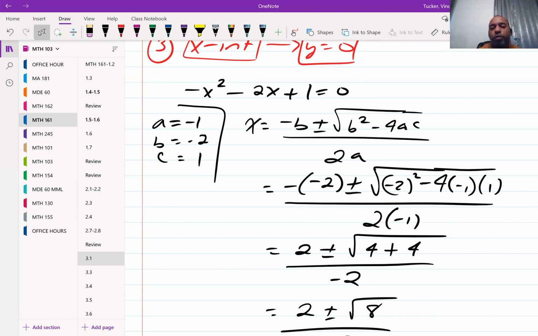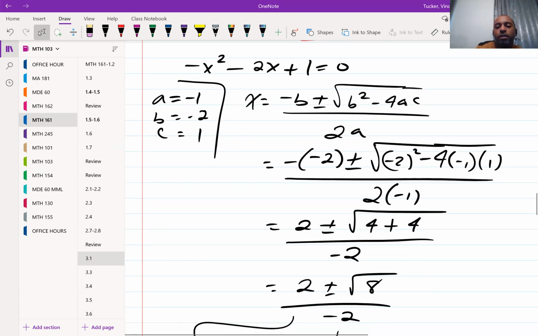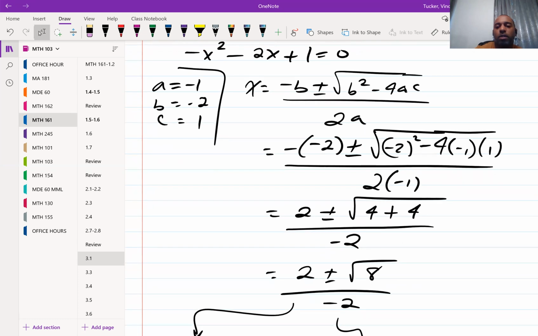It's 2 plus or minus the square root of negative 2 squared minus 4 times negative 1 times 1 over 2 times negative 1. Under the radical, that simplifies to 4 plus 4, which gives you 8. So now we have 2 plus or minus square root of 8 over negative 2. I'll give you a chance to copy before I scroll all the way up.